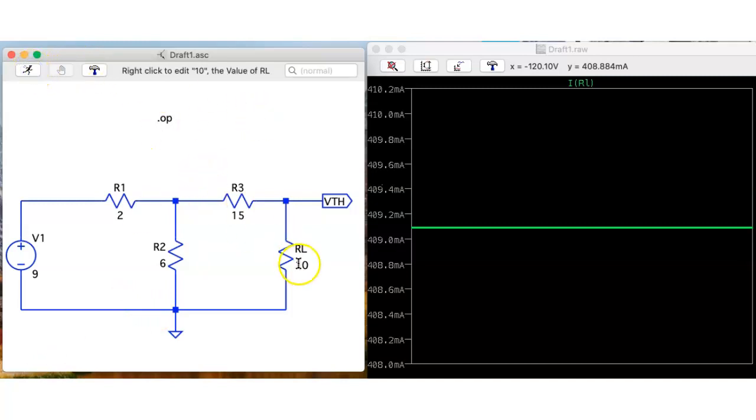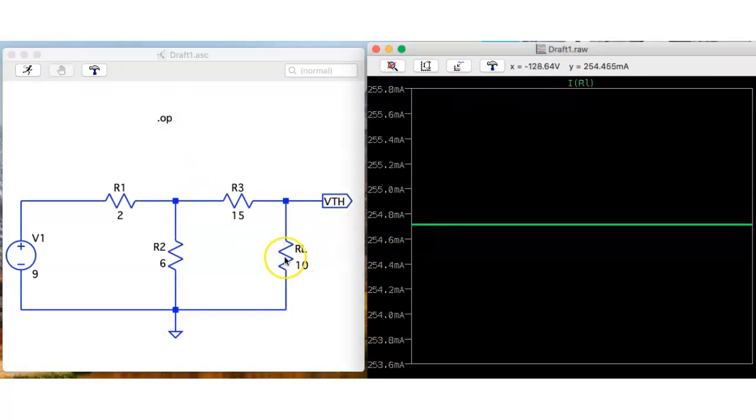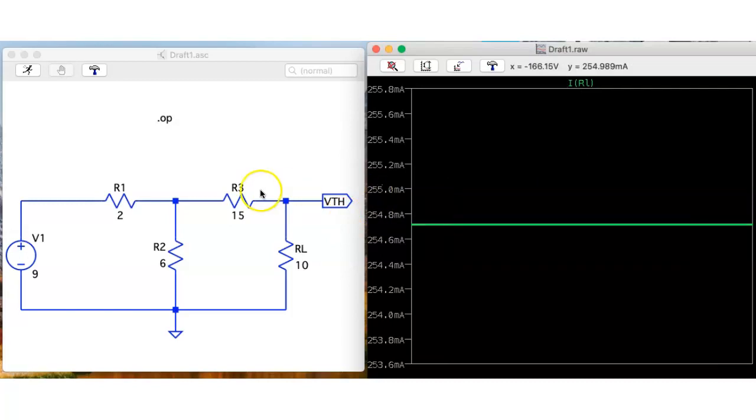Click on run and find out the current in this resistance, and the value of the load current is 254.71699 milliampere. Now make a Thevenin equivalent circuit of this, having the 6.75 VTH and the RTH is 16.5.